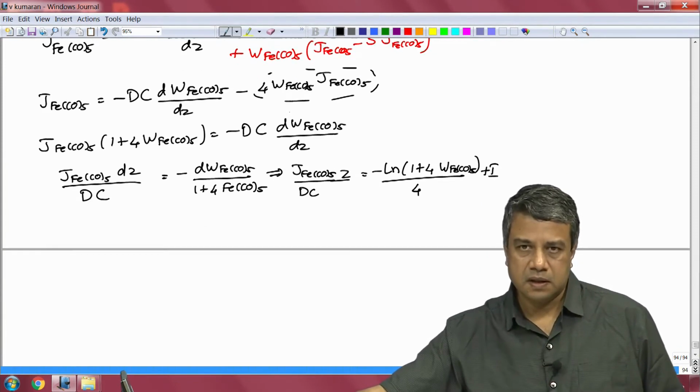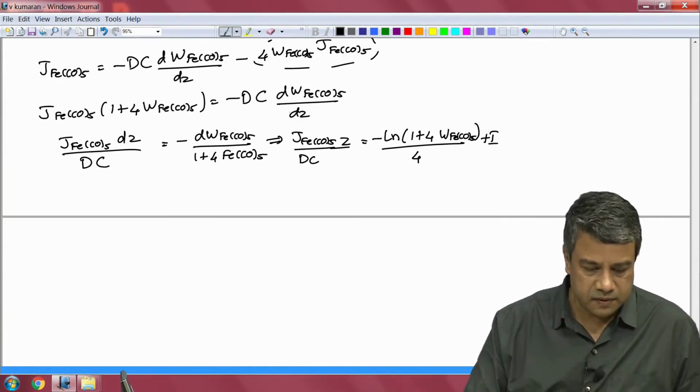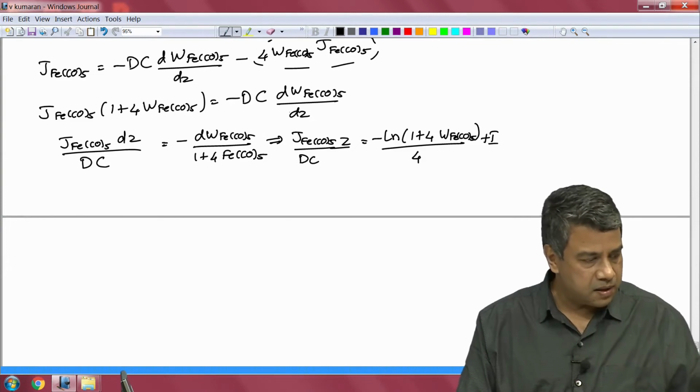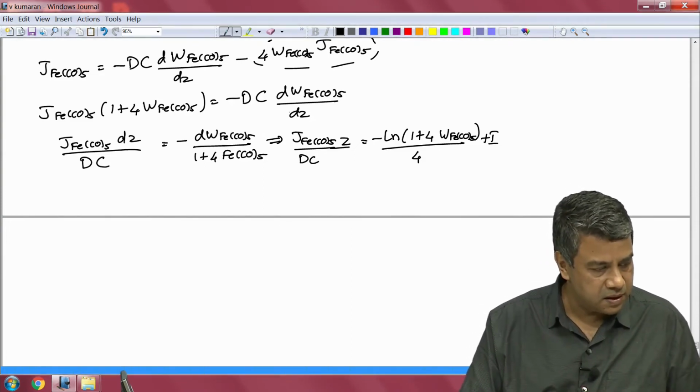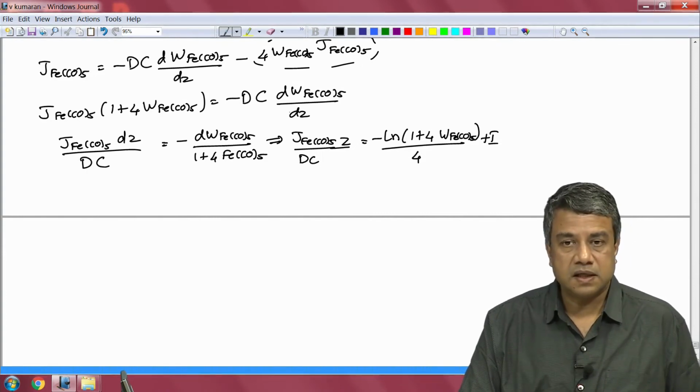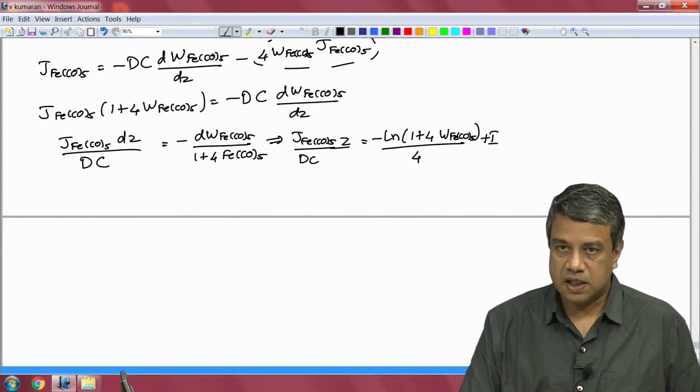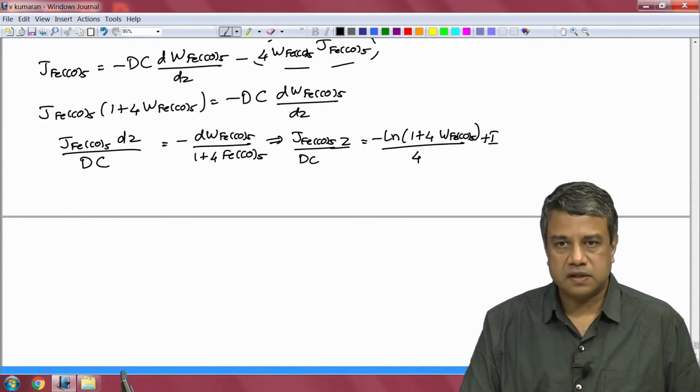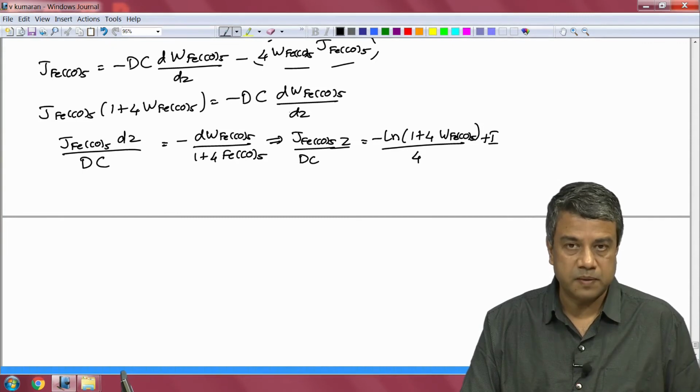This integration constant I can determine from the condition that at the bottom surface, at z is equal to 0, I said that the reaction is very fast. There is no carbon monoxide. Mole fraction of carbon monoxide is equal to 0. Therefore, mole fraction of iron pentacarbonyl has to be equal to 1 at that bottom surface.